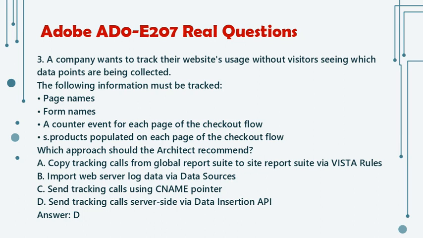Which approach should the architect recommend? A. Copy tracking calls from Global Report Suite to Site Report Suite via VISTA Rules. B. Import web server log data via data sources. C. Send tracking calls using CNAME pointer. D. Send tracking calls server-side via Data Insertion API. Answer: D.